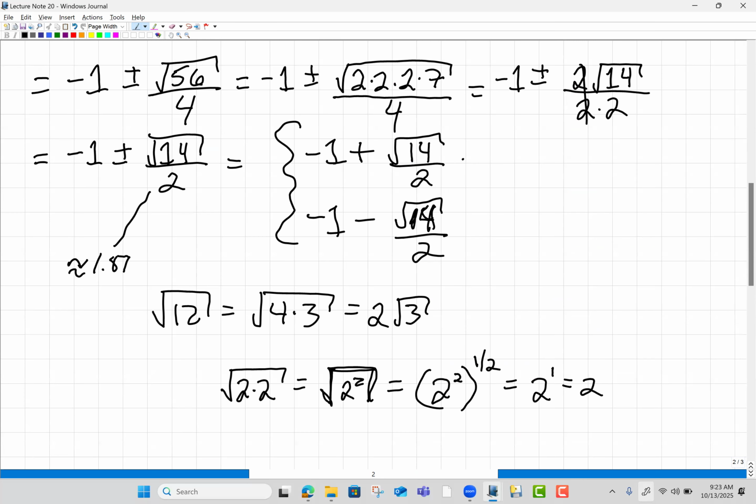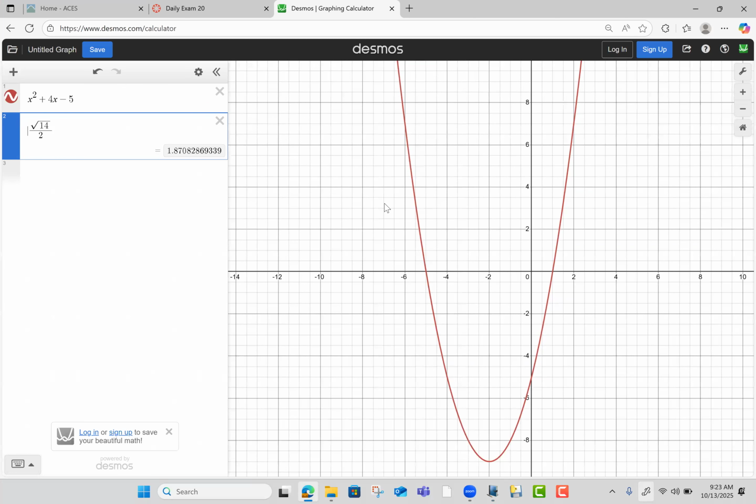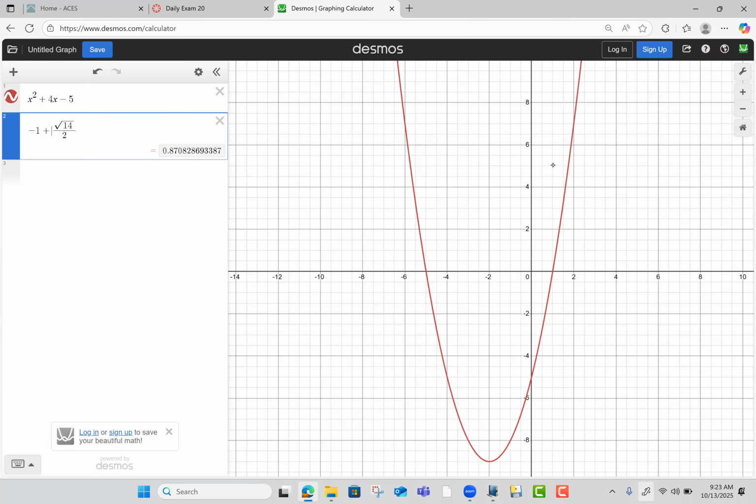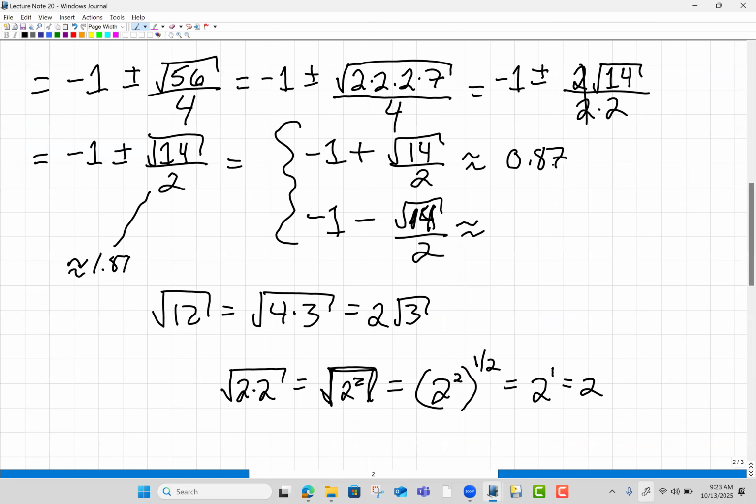So these guys are, let's see, -1 plus that, 0.87, and -1 minus that, -2.87.